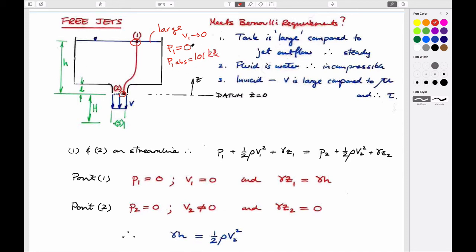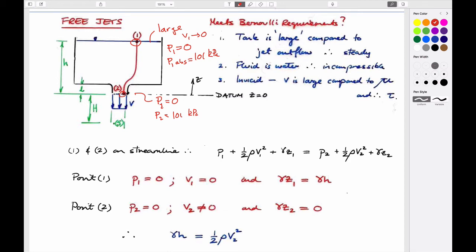And you can do the calculations either way. It's often easier just to do it in gauge pressures because then you don't have to account for atmospheric pressures. And likewise, you do the same at this point here. This is either P2 in gauge pressures, which is 0, or P2 in absolute pressures, which would be 101 kPa.